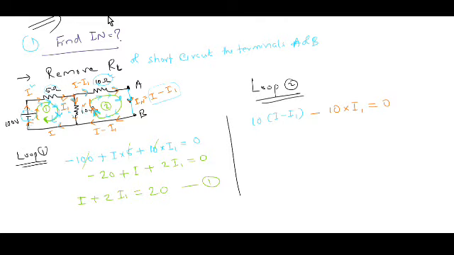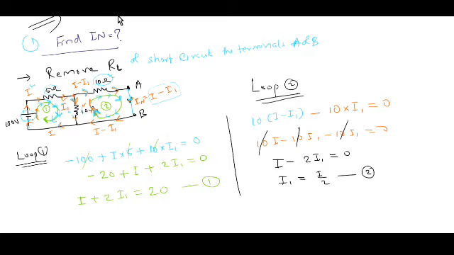Now open the bracket: 10I minus 10I1 minus 10I1 is equal to 0. The 10 is common, so I minus 2I1 is equal to 0. From this, one can write I1 is equal to I by 2. Let me call this equation number 2.